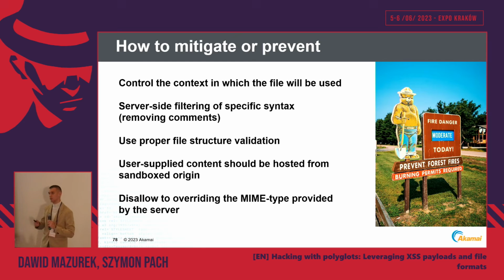But only browser vendors can help to mitigate this issue by limiting the content which can be interpreted. So there is only hope that the browser vendors will help us mitigate this issue, and they will stop doing these silly things that allow this kind of attack.